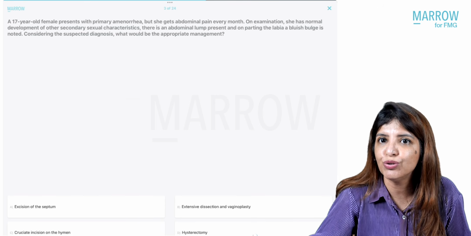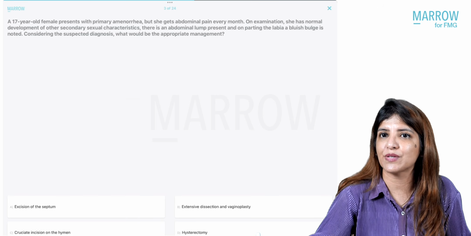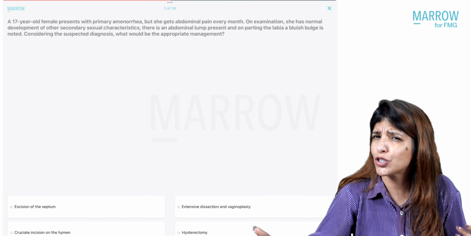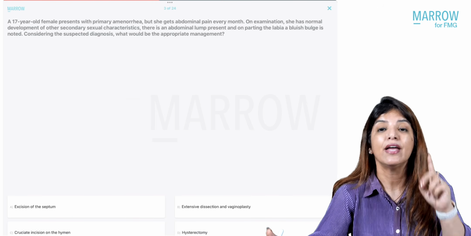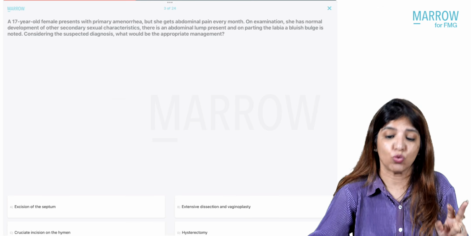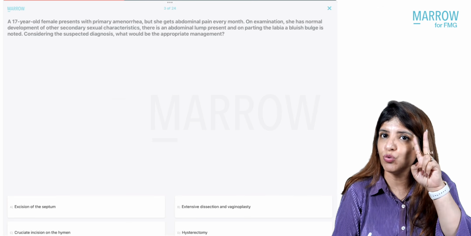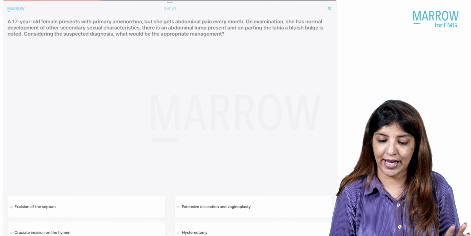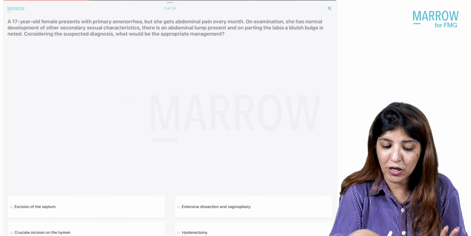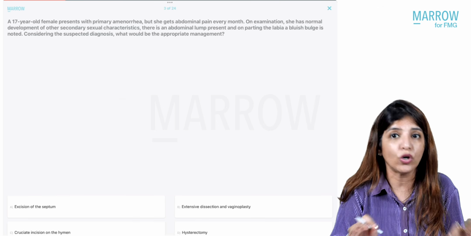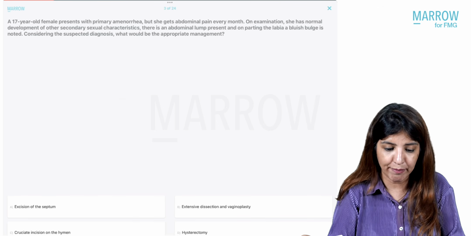As I told you, when you do a local examination in case of imperforate hymen, you are going to get a bluish bulging hymen. Because of hematometra, the uterus will be bulky, so on per abdominal examination you may get an abdominal lump, right? Her secondary sexual characteristics will be normal, and this patient is complaining of abdominal pain every month. So no doubt we are dealing with imperforate hymen.